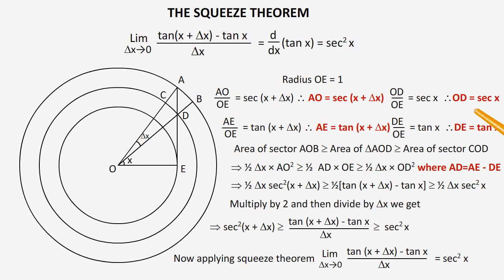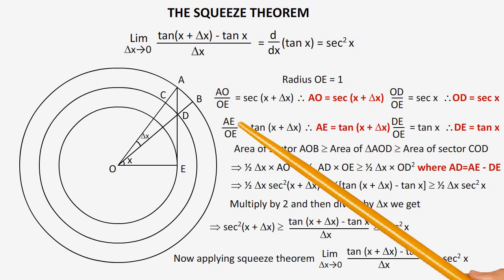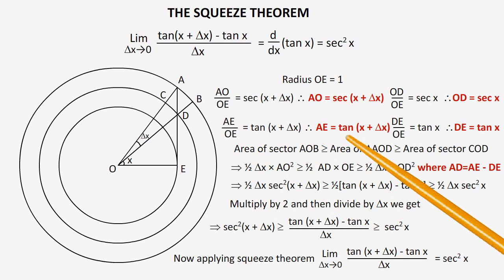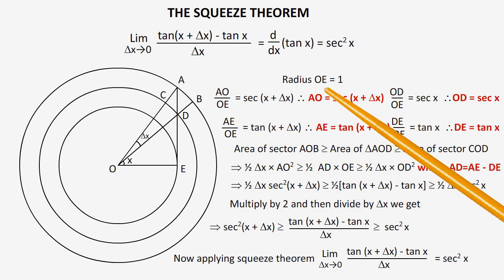Similarly, OD equal to sec x. Again, AE by OE is equal to tan(x plus delta x), which means AE is equal to tan(x plus delta x) since OE equal to 1. Similarly, DE equal to tan x.